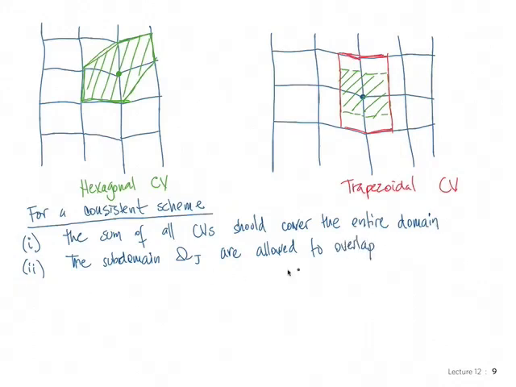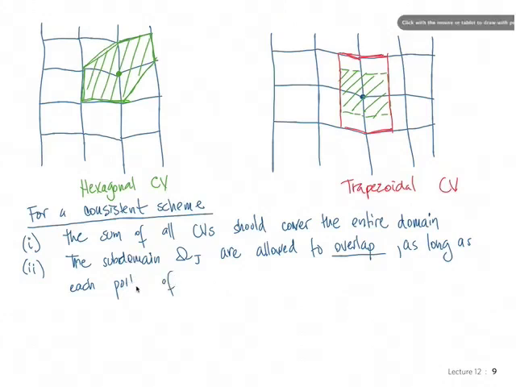But this, as long as each portion of the surface, portion here, let's call the surface S_J. Each, in this two-dimensional case, of course, the surface is the lines.